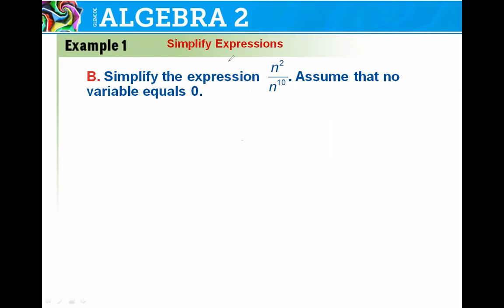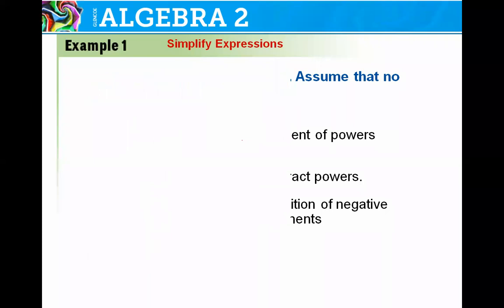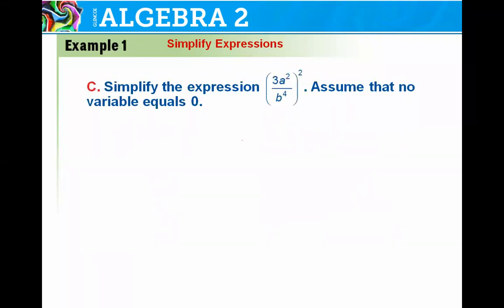We're going to repeat the problem again. We have to subtract the power first, and then we have the variable with a negative power, so I flip it to be 1 over n power 8. This is our answer.